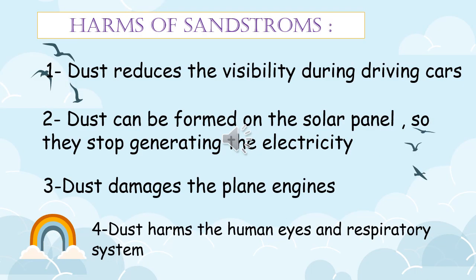But what are the harms of the sandstorm? The sandstorm can prevent the driver from seeing the road clearly. Also, if the sandstorm comes to a solar panel, it prevents it from generating electricity. And also, the sandstorm can damage the engine of the plane.